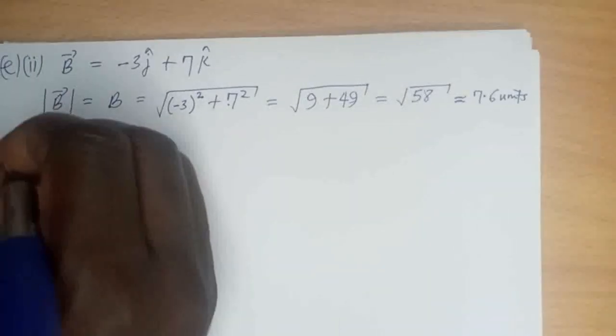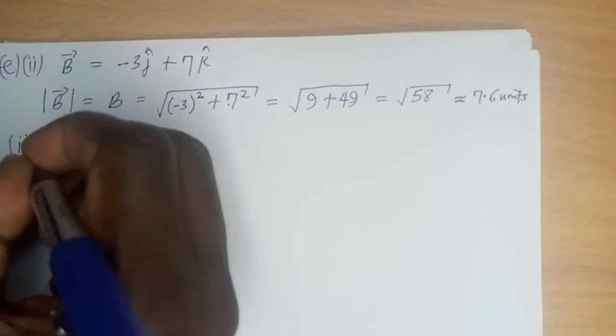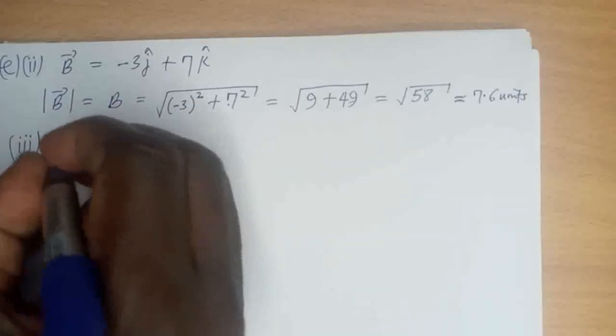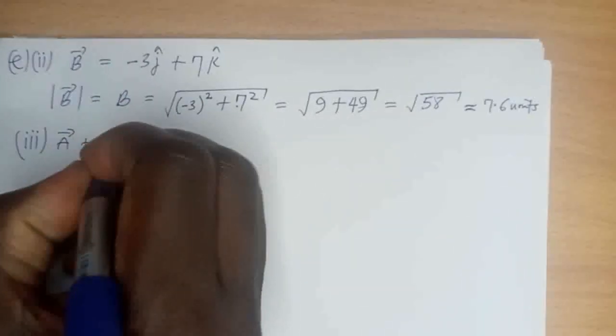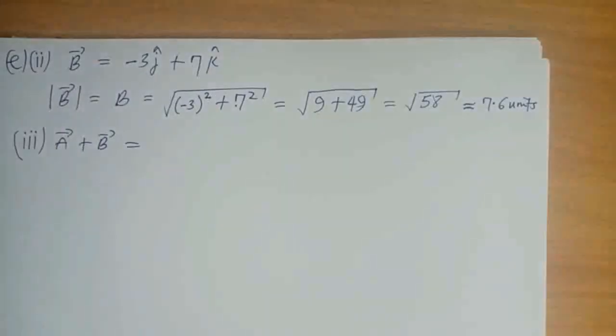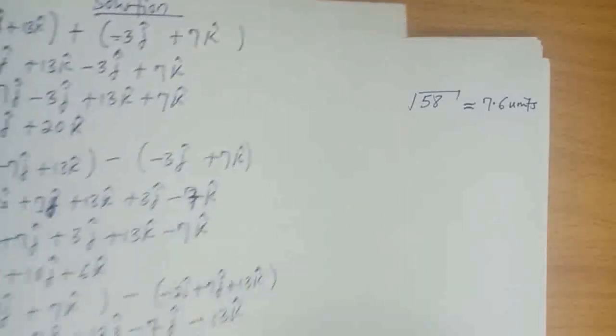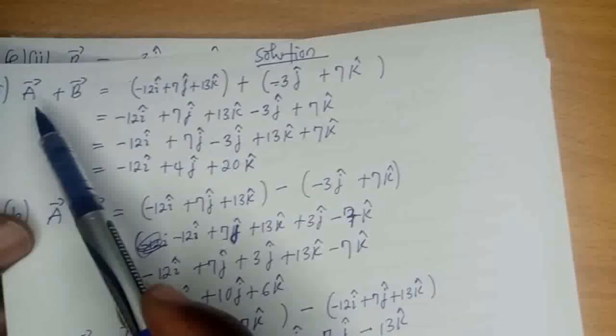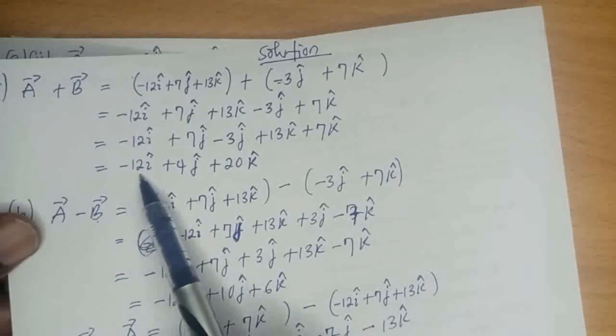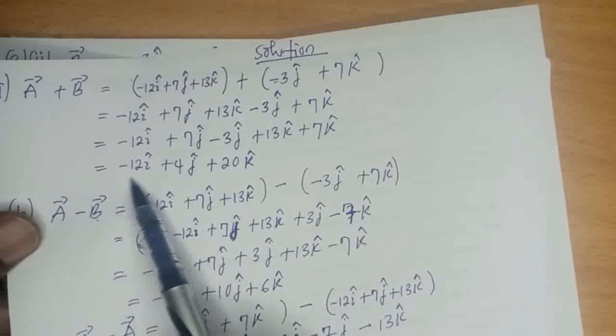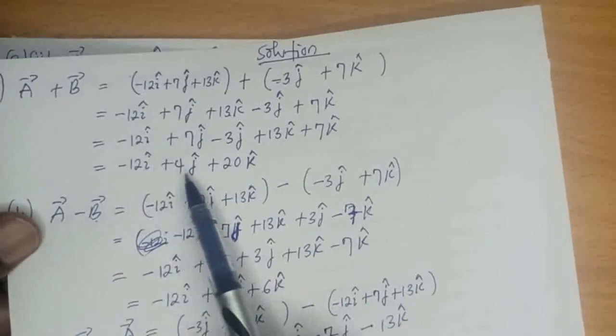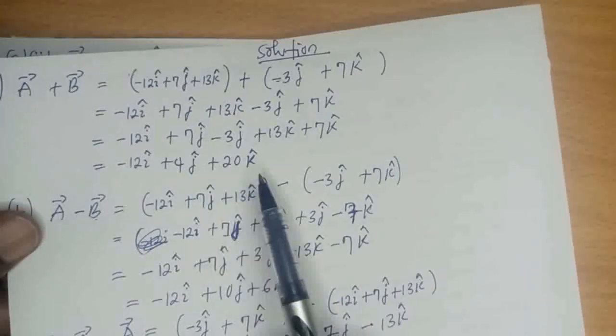Then Roman number 3 says we should get the magnitude of A plus B. We calculated A plus B before, so let us bring the result. It's a vector, and you see it has components along x, along y, and along z.